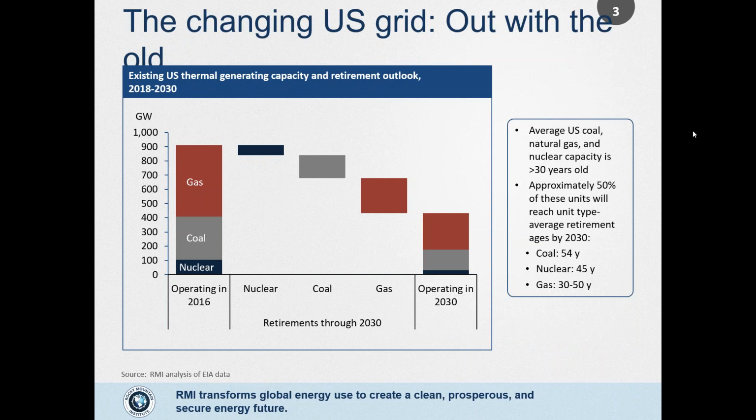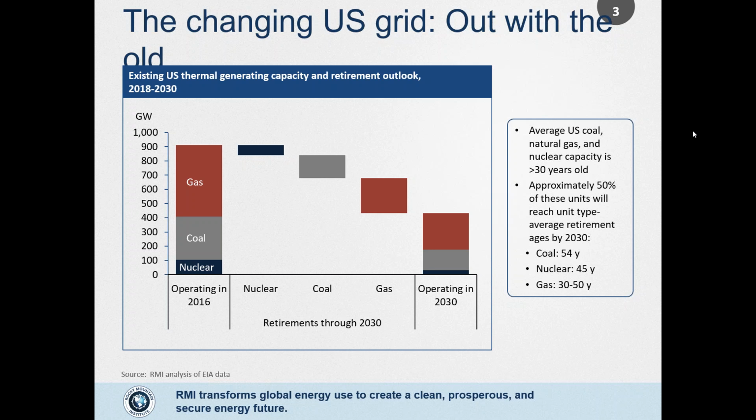So why is demand flexibility important to consider in both resource planning and when determining the investments you want to put in on the grid? So right now, the US and many other countries in the world are relying on an aging fleet of generators. If you see on the left, this is the stack of operating generators that we have in the US right now. And if you start looking at when these units are going to retire based on their age, you're going to see that more than half of the nuclear fleet will be retiring by 2030.